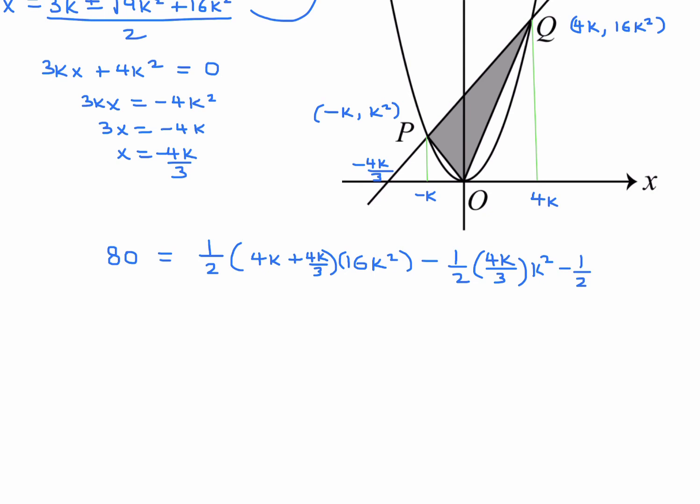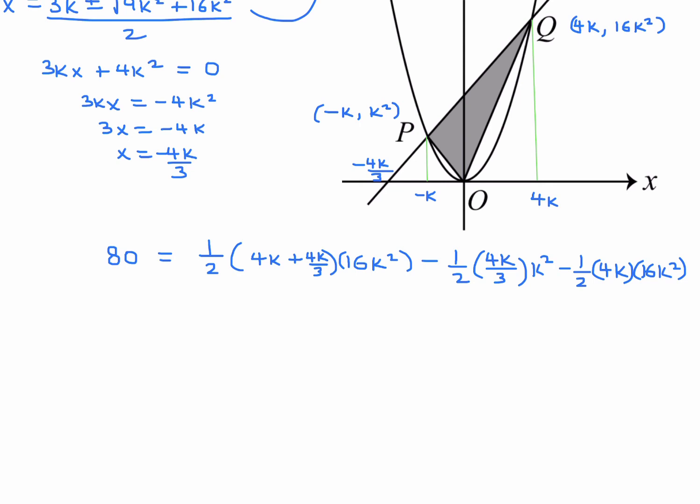And then I have to subtract this triangle. And that one, 1/2 base times height. The base is easy, that's 4k. And then the height is the y coordinate of that point right there, so 16k squared. Okay, so this is the equation I have to solve to figure out the numerical value for k.